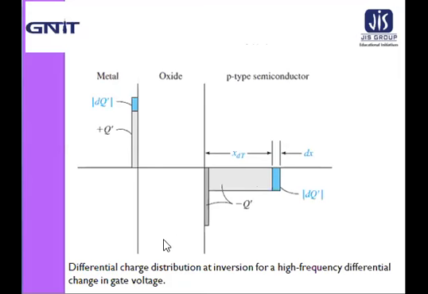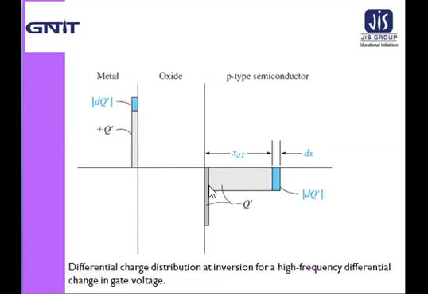And this figure shows the charge distribution in the MOS capacitor with a P type of substrate. At a very high signal frequency, the differential change in the charge occurs at the metal and in the space charge width in the semiconductor. This is shown in this figure at the metal and the space charge region of the semiconductor.